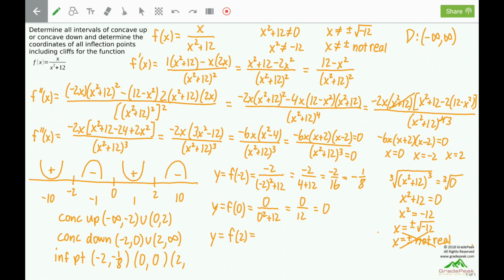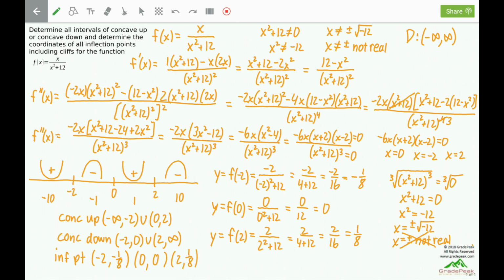So f of positive 2 will be positive 2 over positive 2 squared plus 12, which is positive 2 over 4 plus 12, which is 2 over 16, which can reduce to be a positive 1 over 8. So it has a corresponding y-coordinate of positive 1 over 8.